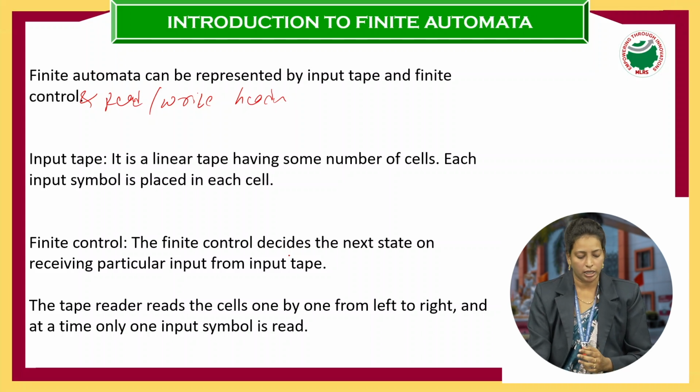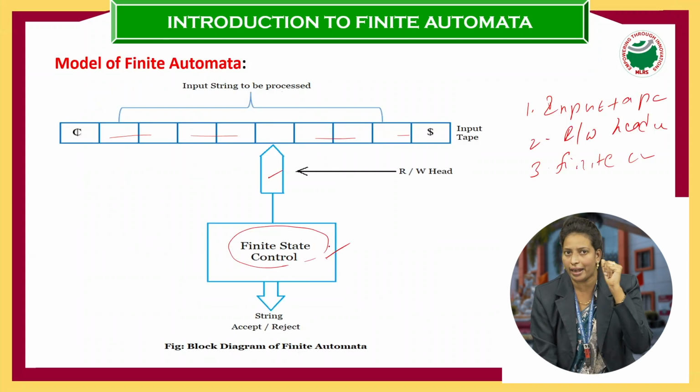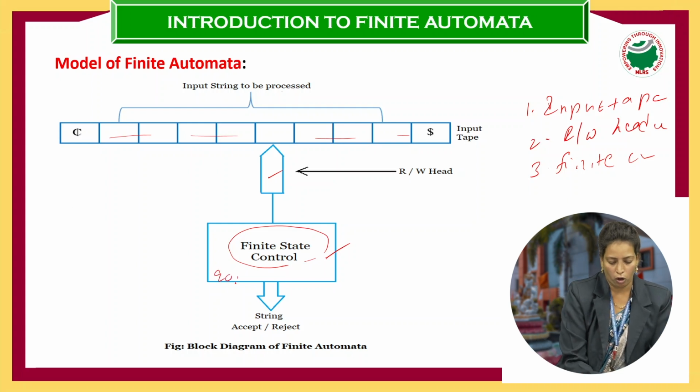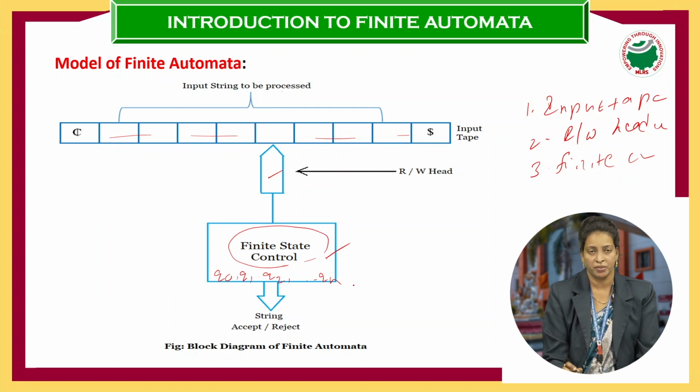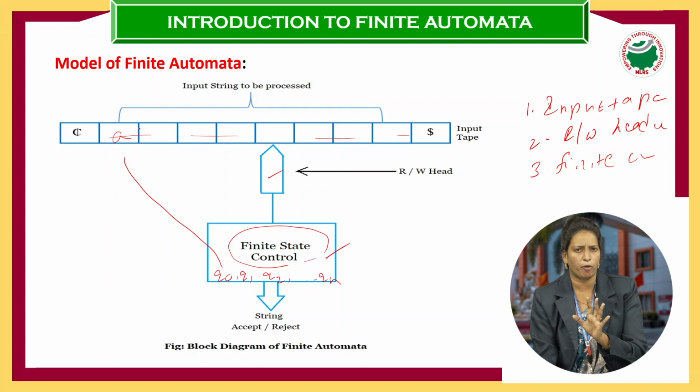So, here the read-write header is used to read input from left to right. At a time it reads only one character. Here the finite control also contains state information, for example Q0, Q1, Q2 and so on up to Qn. The input tape contains a number of cells, right?